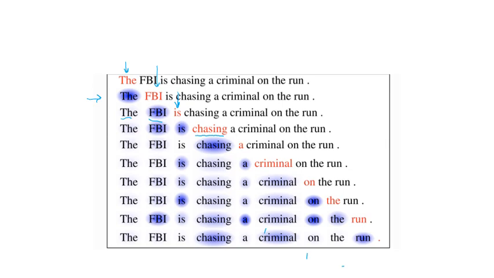So we want to mimic this in a machine, you know, the way that we pay attention to different parts of a sentence, the way that we attend to FBI and is when we are reading chasing. We want the machine to do the same thing. We want the machine to attend to FBI, to attend to is when we are reading the word chasing, okay?